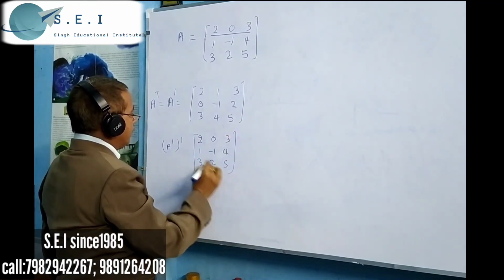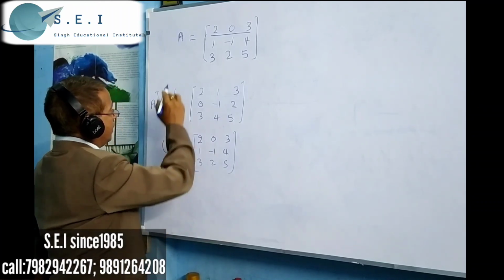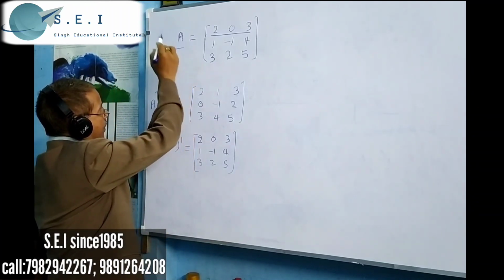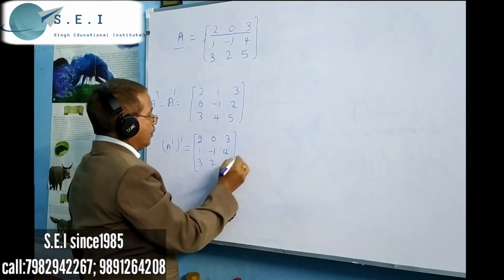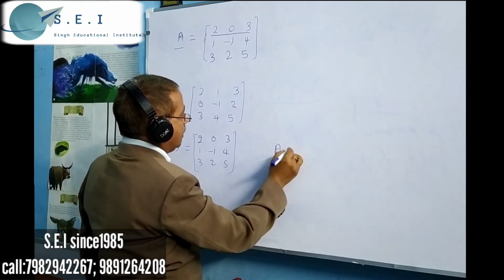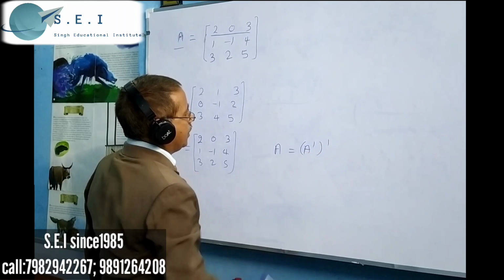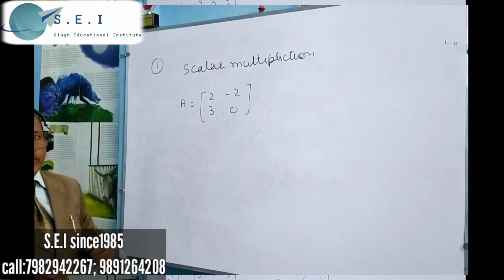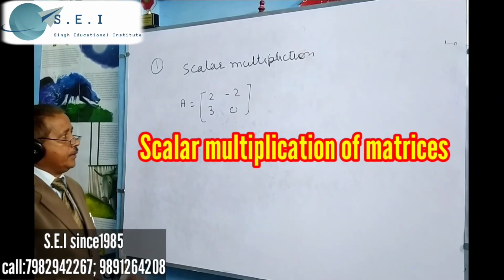Now we see that the transpose of the transpose of A is equal to simply the matrix A. Therefore, we can say that matrix A is equal to the transpose of the transpose of A.